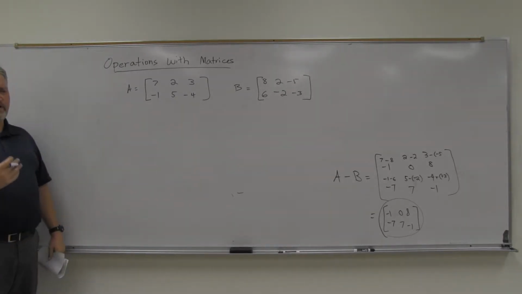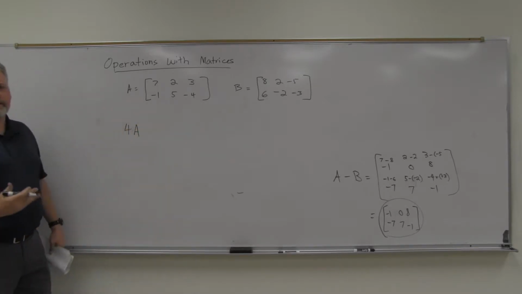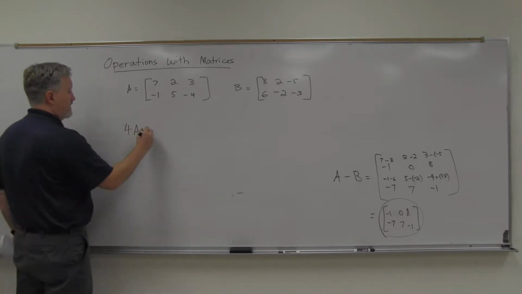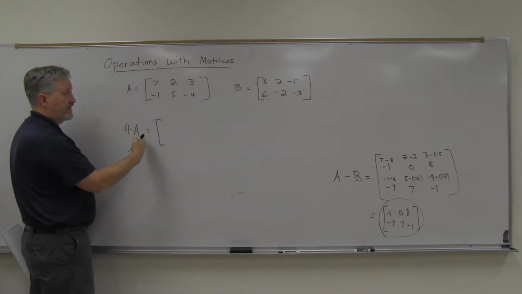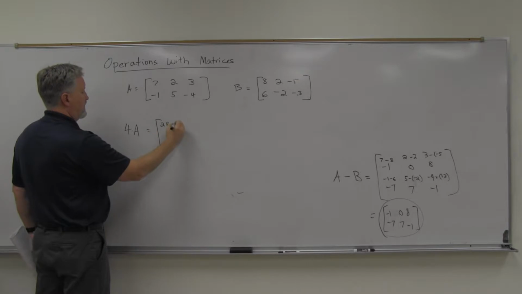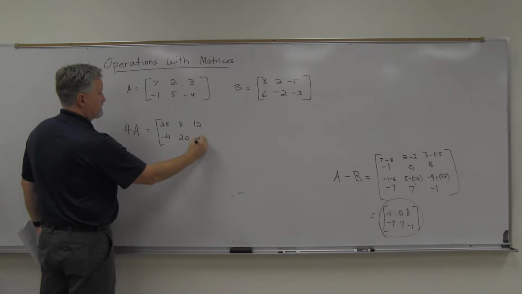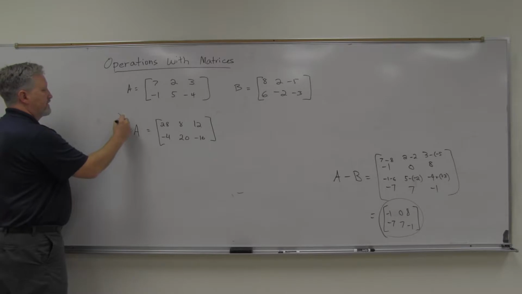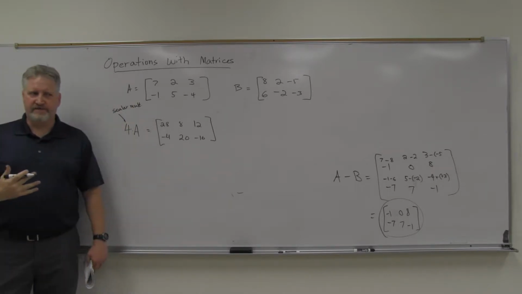One other thing we do is called scalar multiplication, where we can multiply a matrix by just a number. In this case, 4 times A, and it's just what you would think. You're just multiplying each entry by 4. So 4A would be 28, 8, 12, negative 4, 20, and negative 16. It's called scalar multiplication because we're just multiplying by just a number.